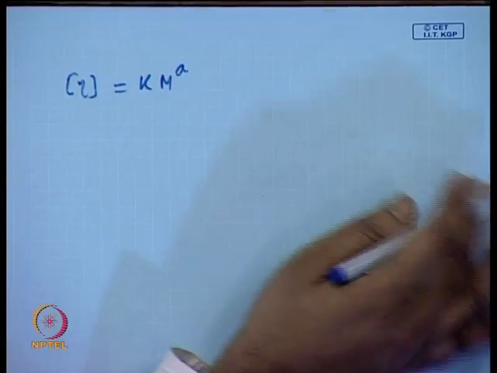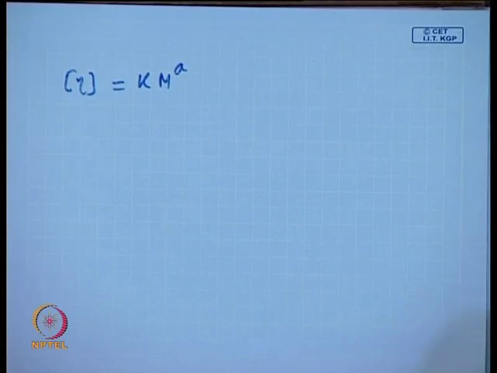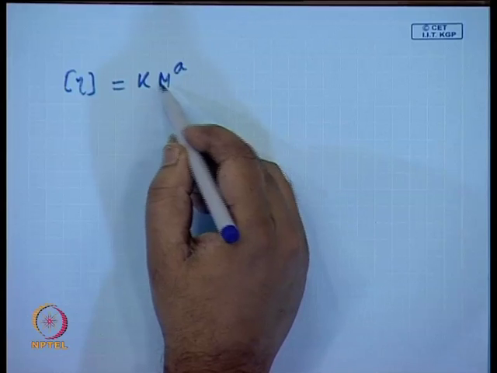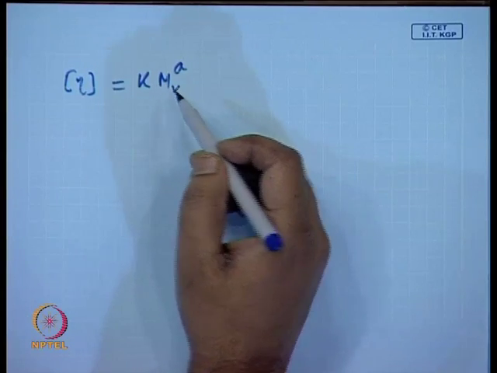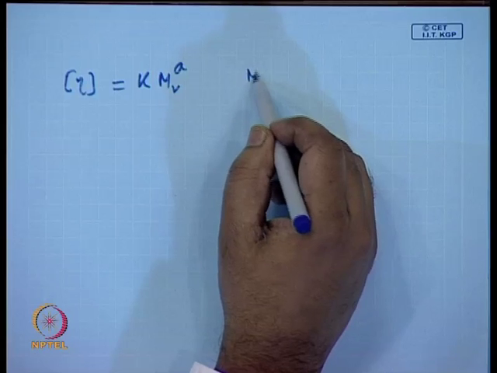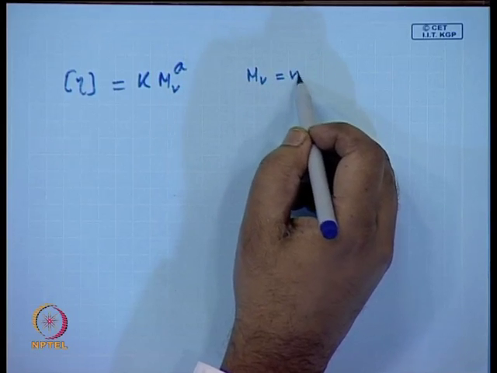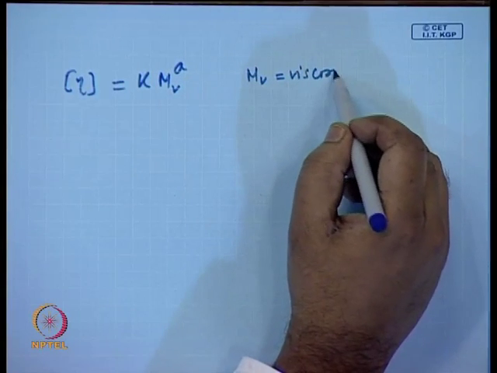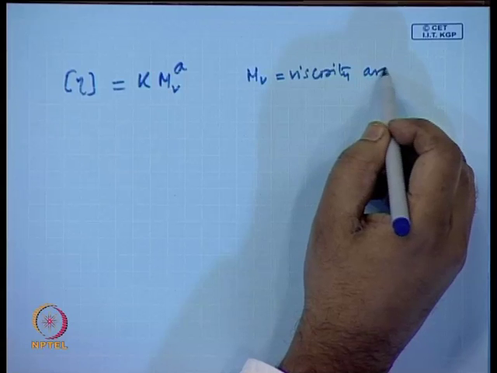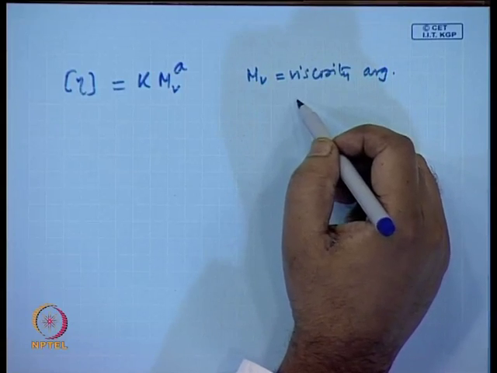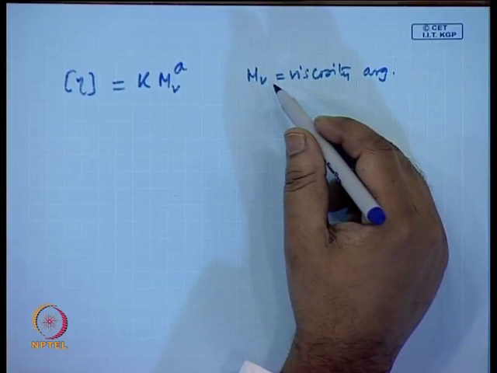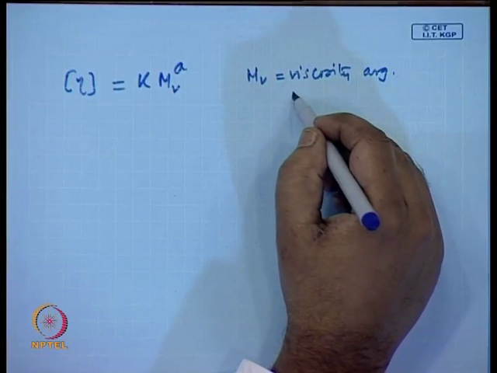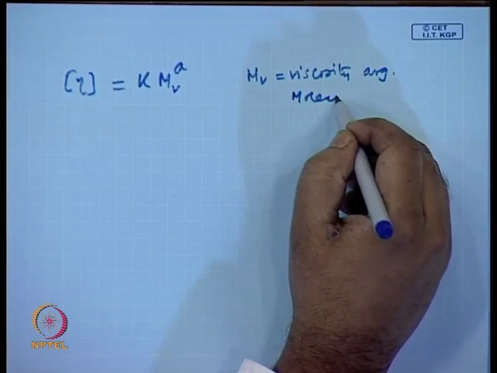Now, as the technique suggests, this is using dilute solution viscometry. So, the molecular weight it gives is Mv, where Mv is the viscosity average molecular weight. In a minute we will deduce the expression for viscosity average molecular weight.